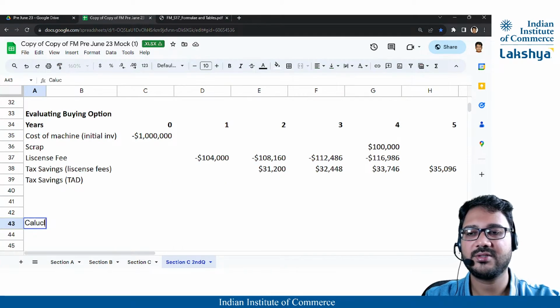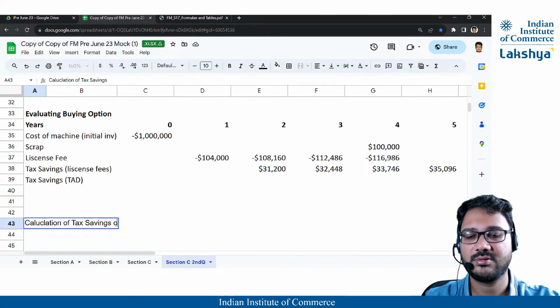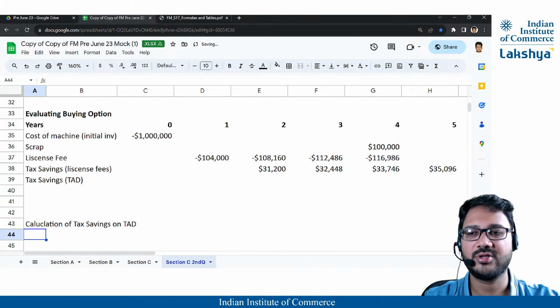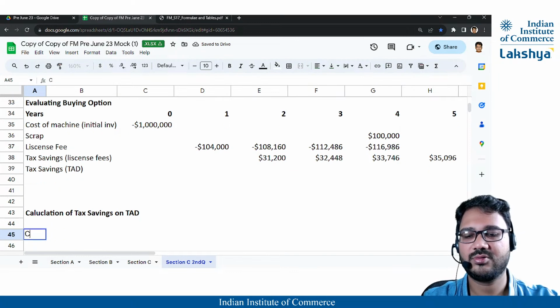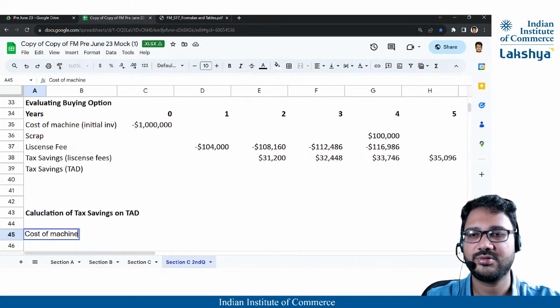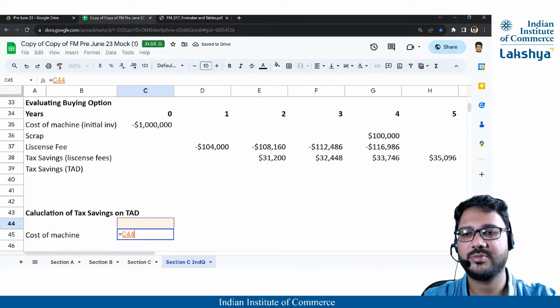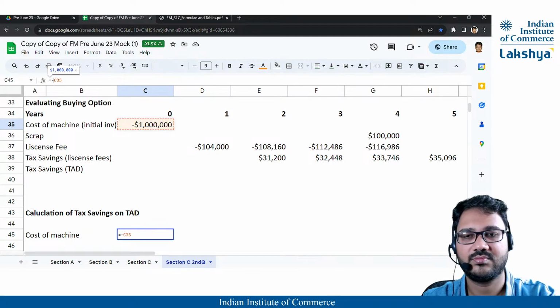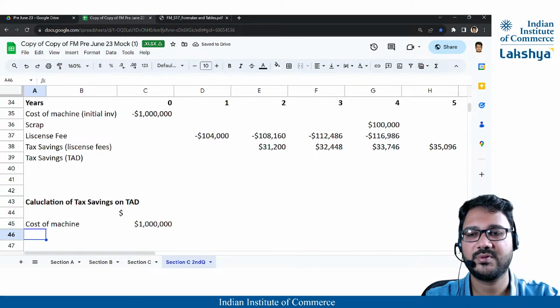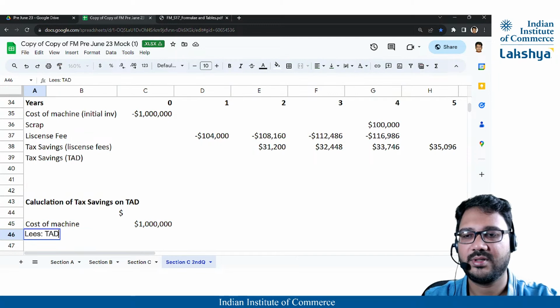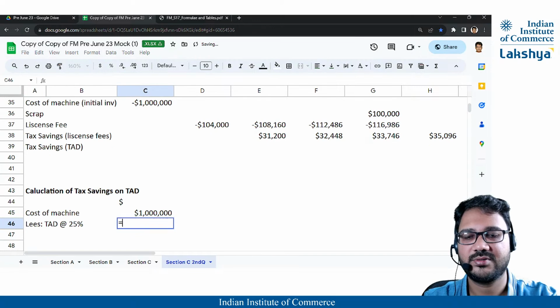So, calculation of tax savings on TAD. Okay, so cost of machine is $1 million. Then we have less tax allowable depreciation at 25%.